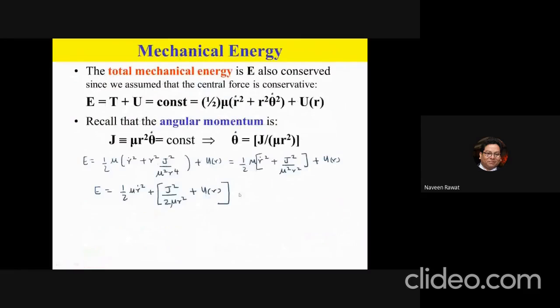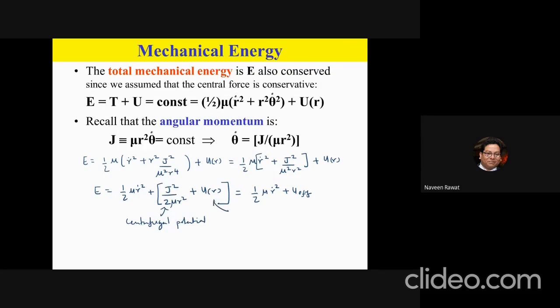So what we can do is write this expression of total energy as 1/2 mu r dot square plus U of effective potential. This effective potential consists of this potential term, which is known as the centrifugal potential. Like I mentioned, this potential is coming because of something that is doing some orbital motion.